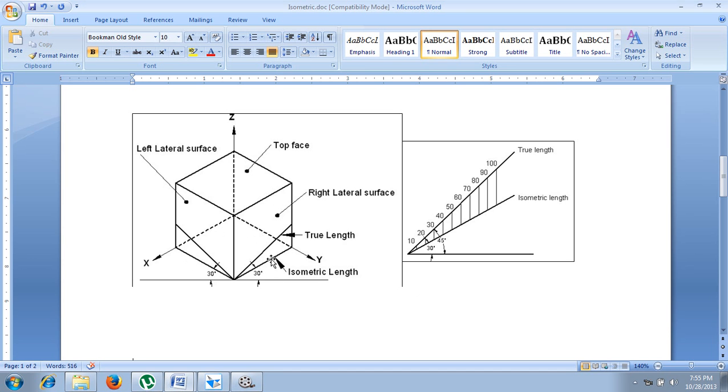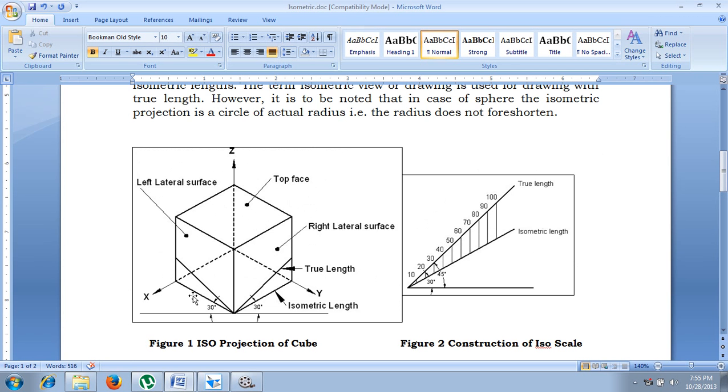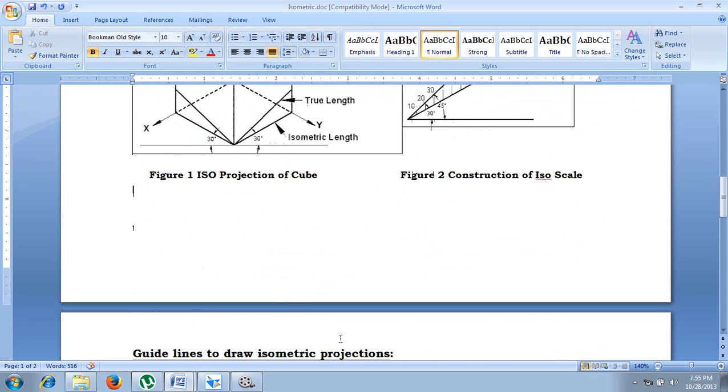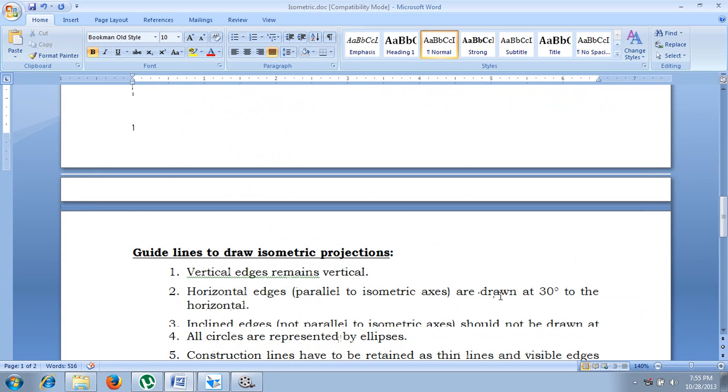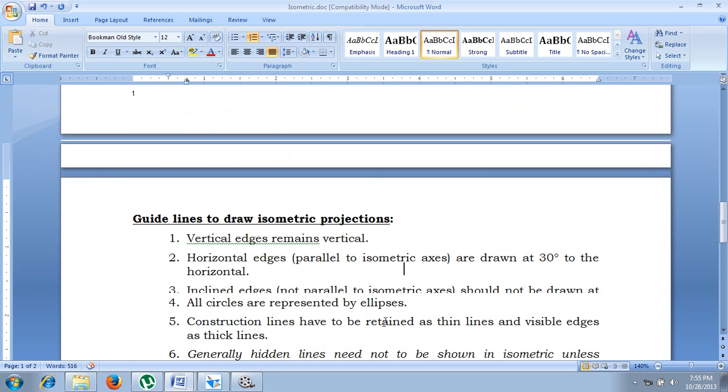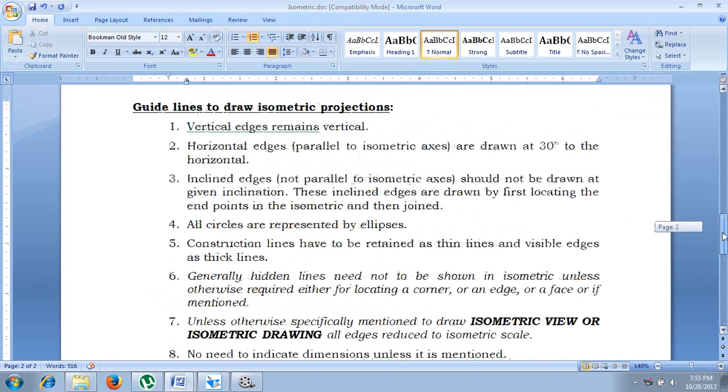Now you can see these 1, 2, 3, 4 lines are parallel to each other. That means all the lines are 30 degree to the horizontal, either towards the right side or left side.